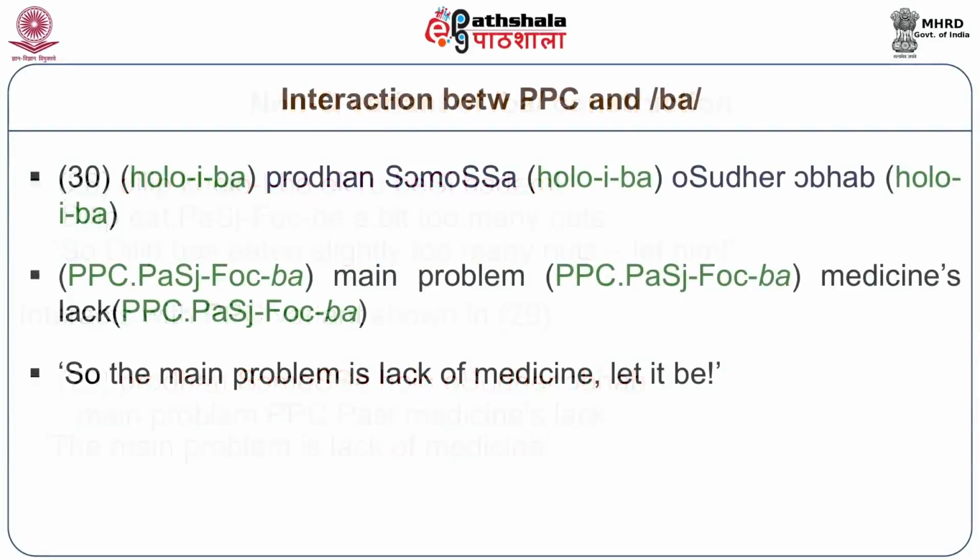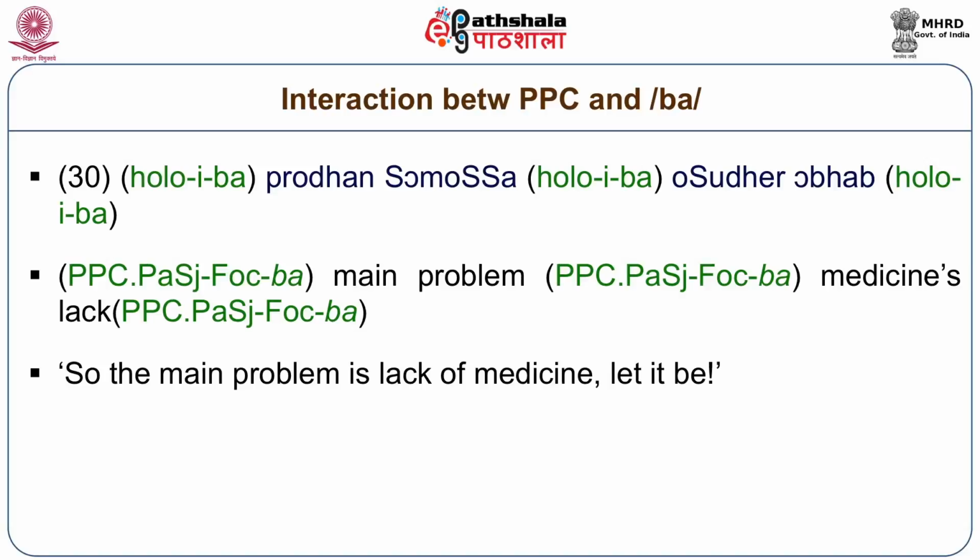So in example 30, where we have displayed 3 possible positions for the positive polarity copula to which this feature has been added and therefore to which the sequence of particles E and bar has been attached, can appear initially, medially, or finally in the sentence.